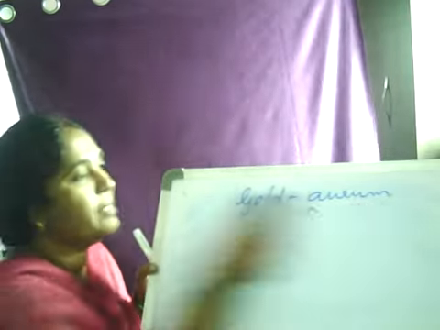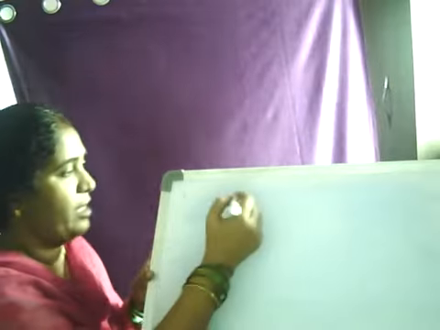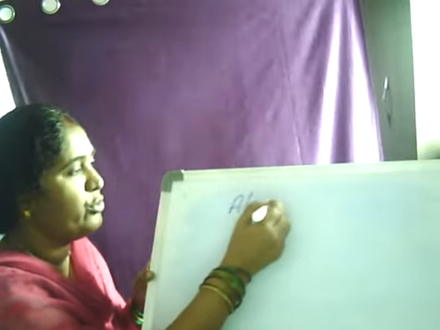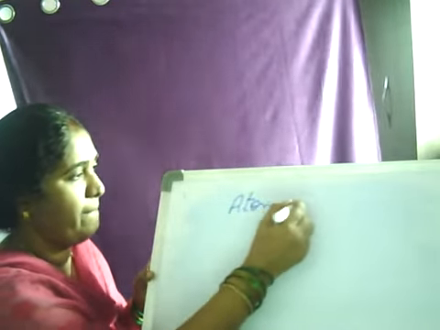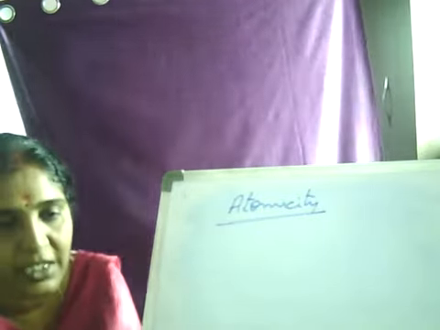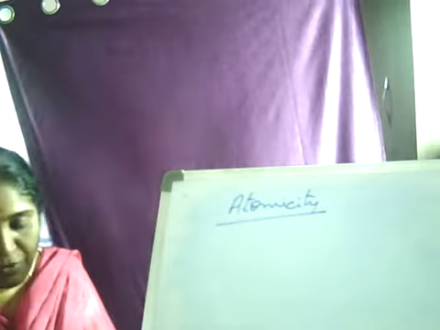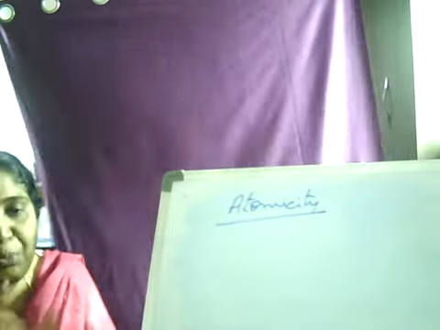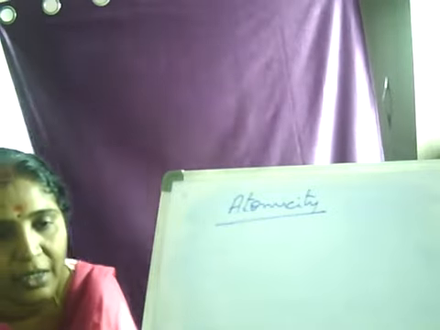After the chemical symbols, the next most important is atomicity. This might be new to you, but you might have heard somewhere. Atomicity. So when there's a formation, the number of atoms which make up that element, right?